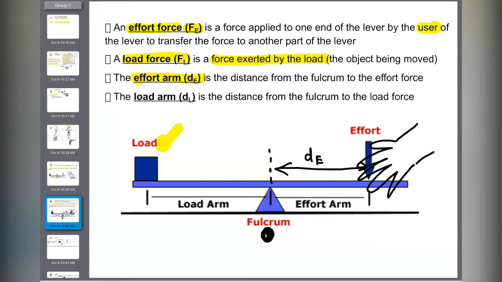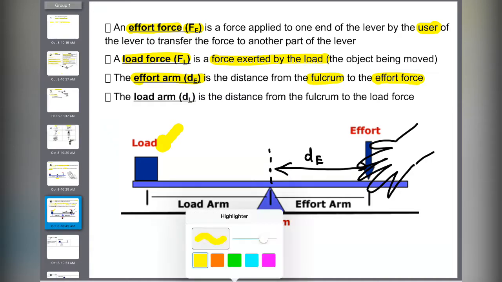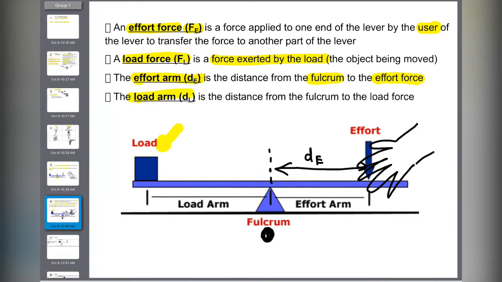They always measure from the fulcrum to the effort force, so your hand or whatever tool you use to push down. The load arm, on the other hand, is fairly straightforward: it is measured from the fulcrum to the load force. The fulcrum is the turning point, and the distance to where the load is, is the distance of the load. D for distance, F for force.